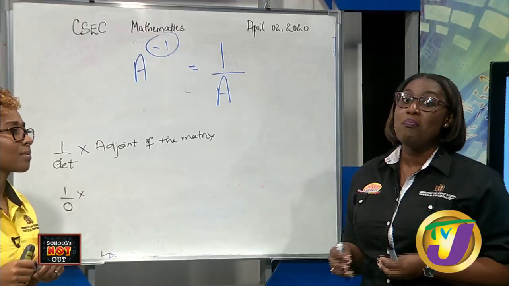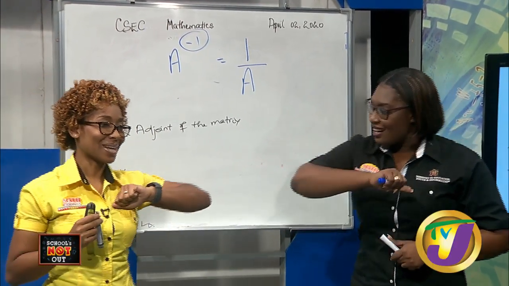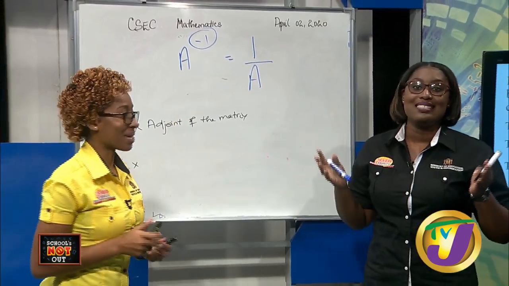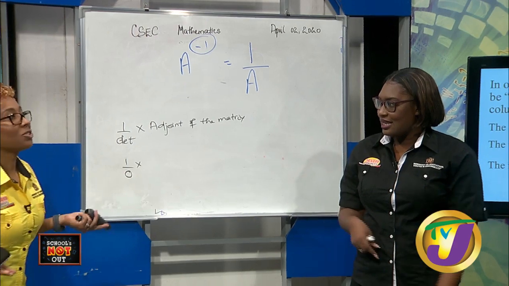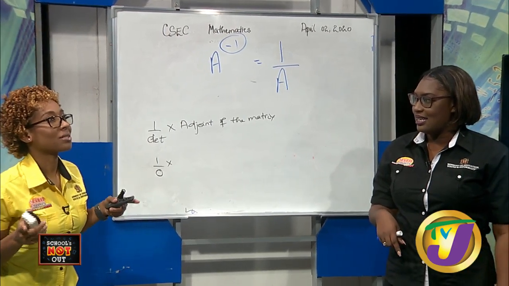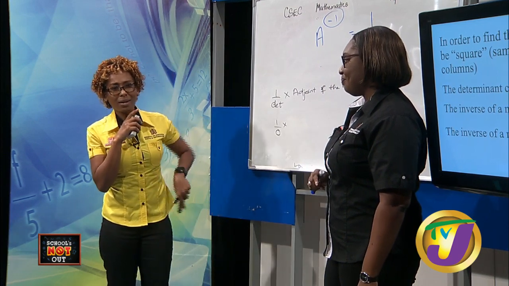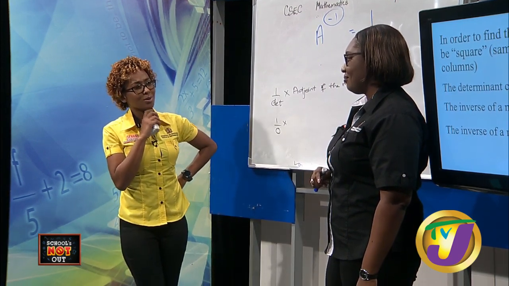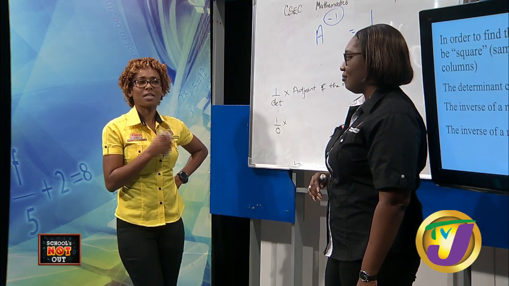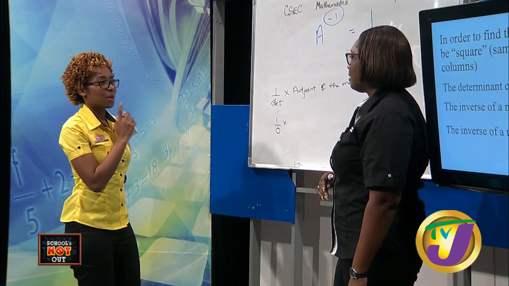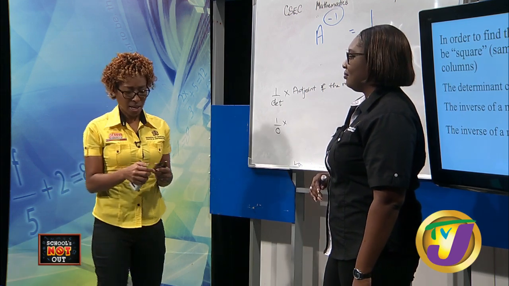And any number multiplied by 0 is 0. So if my determinant is 0, it means I can't have an inverse. That means not all matrices have an inverse. Exactly. They must have a determinant which is not 0. As long as it's not 0, they'll have an inverse, all right?